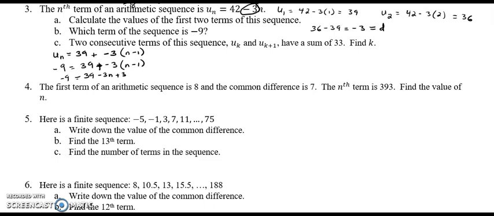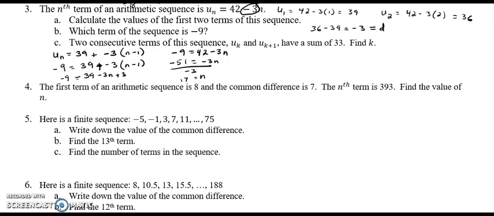I also could have just used the original formula and said I'm going to plug in negative 9 equals 42 minus 3n and move that one over. So this would be negative 51 equals negative 3n, and then divide by negative 3, and n would equal 17. So that's the term of the sequence. Negative 9 is the 17th term in the sequence.